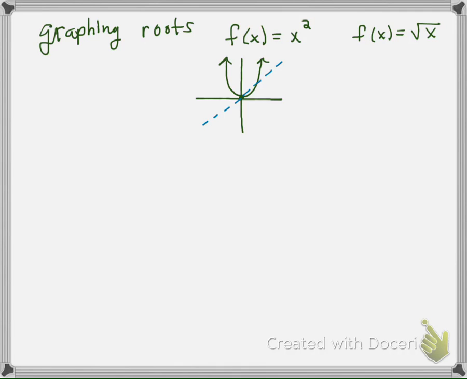Let's try to reflect it over that dashed line. So I would start with the curved part that's really close to the dashed line and do this part of it. Does that make sense? Because that's the easy part. And then maybe this arrow part would look something like this.